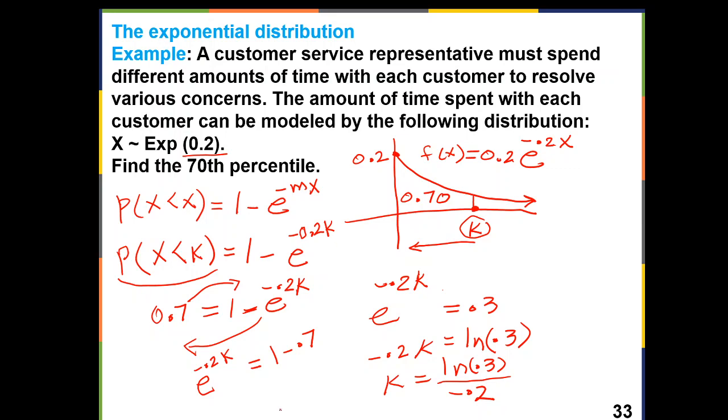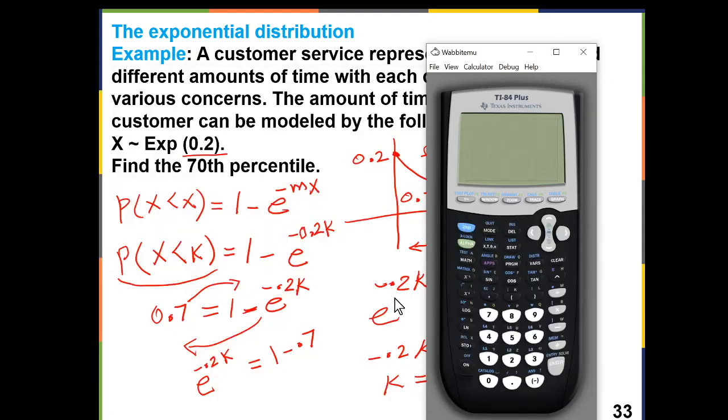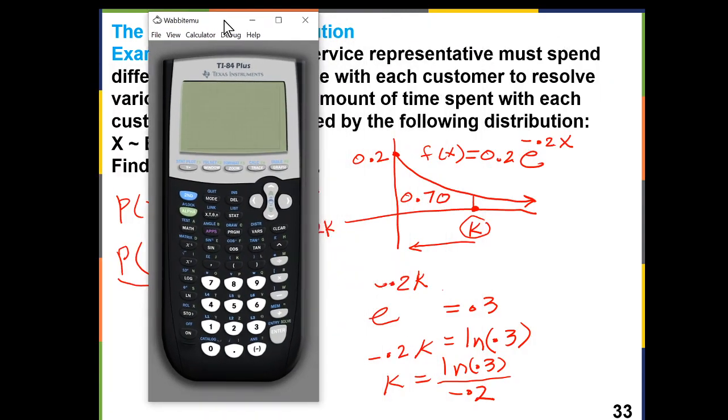And we know how to do this with the calculator. So here we go. So we're going to do what? I'm going to clear everything. So we're going to do ln 0.3, parenthesis close, find it, and then divide the answer by negative 0.2.